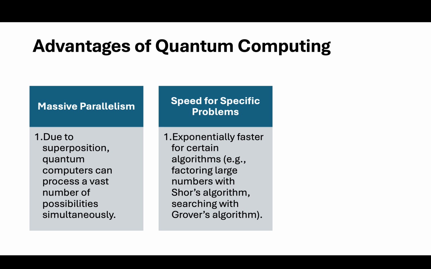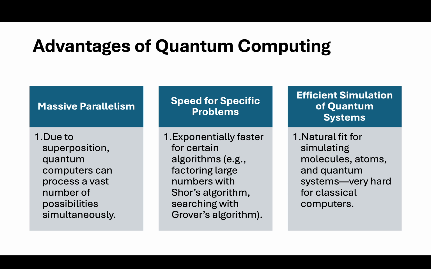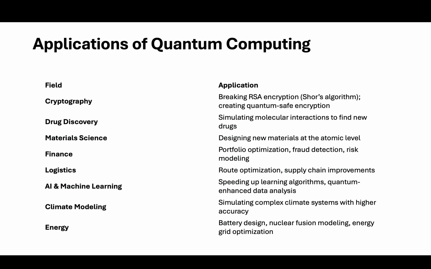Speed: exponentially faster for certain problems and algorithms, for example factoring large numbers with Shor's algorithm, or searching with Grover's algorithm. Efficient simulation of quantum systems: a natural fit for simulating molecules, atoms, and quantum systems, which is very hard for classical computers.